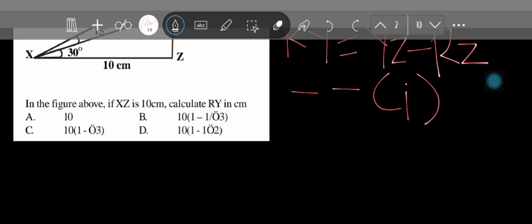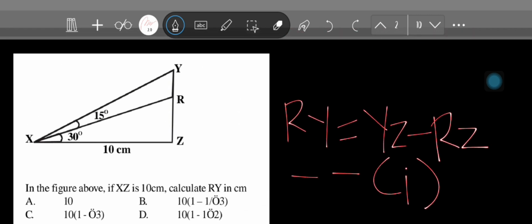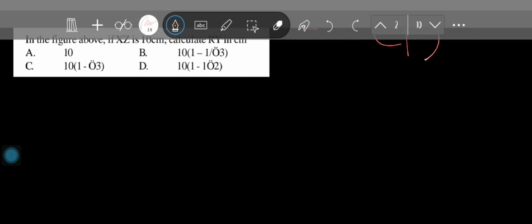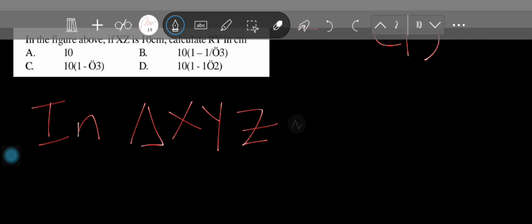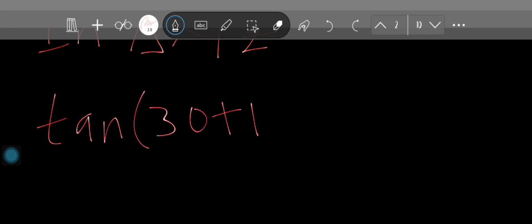Moving on, let's consider triangle xyz. That is the biggest triangle here. In triangle xyz, we can see that tan of 30 plus 15.